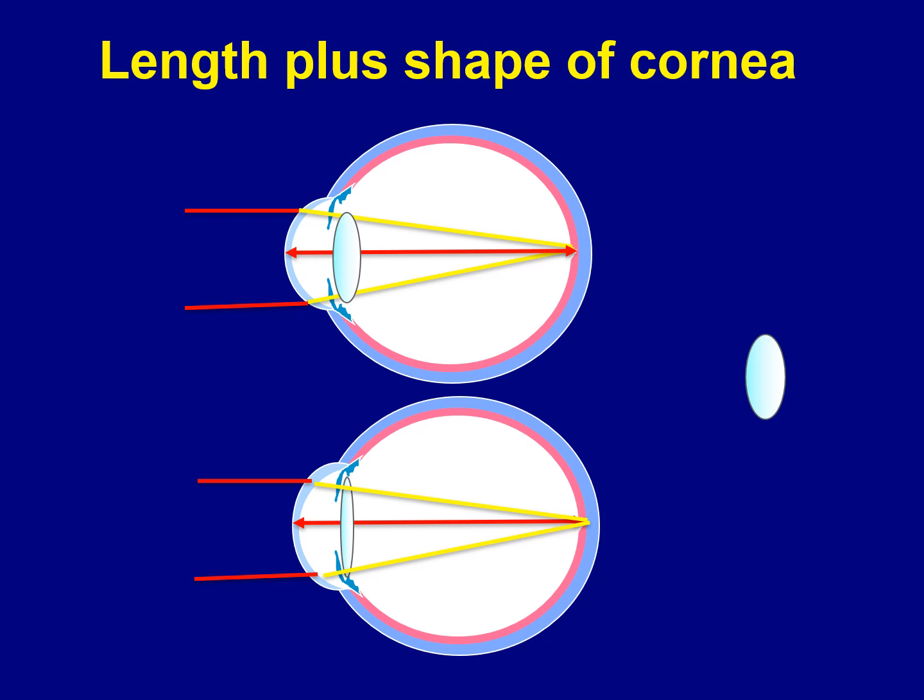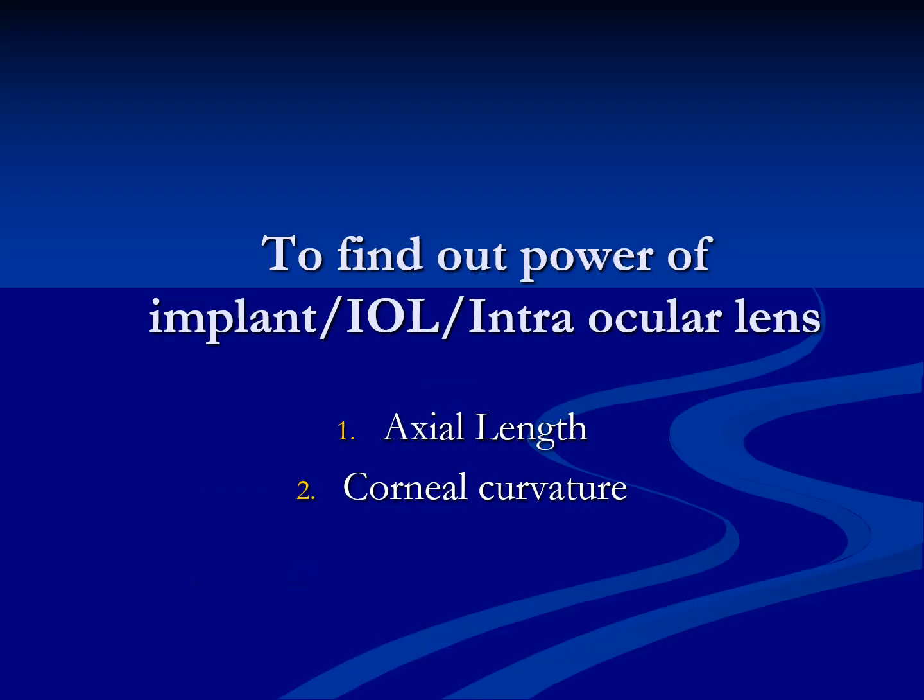Both of them have the same length, but because the cornea is flatter in the second one, it needs a lesser dioptric power of the lens. So to find out the power of the implant, or IOL, or intraocular lens, we need two things. One is the axial length and the second is the corneal curvature.